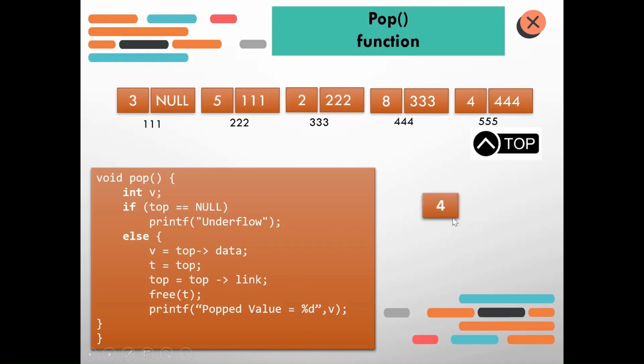So here 4 would be popped, and top would be advanced to this. That means if we say this is the topmost element, it effectively means that this node has been removed, which is what we did here with the free T instruction, right?